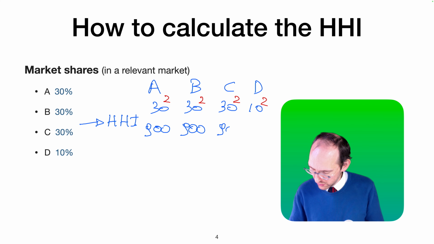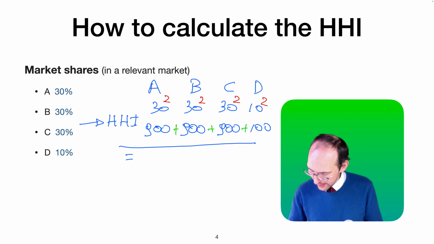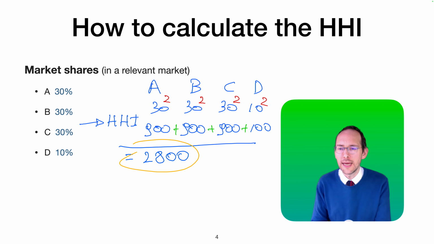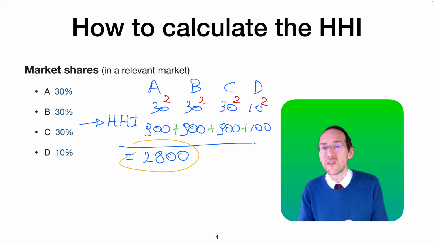And once you've squared them, you're going to add those numbers up. And the sum total of that is your HHI. In this case, 2,800 is the HHI of this particular market. It's a pretty high HHI. Most authorities would consider that a highly concentrated market.